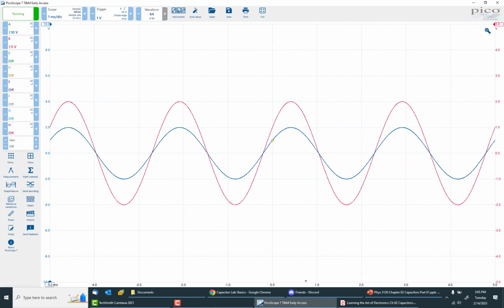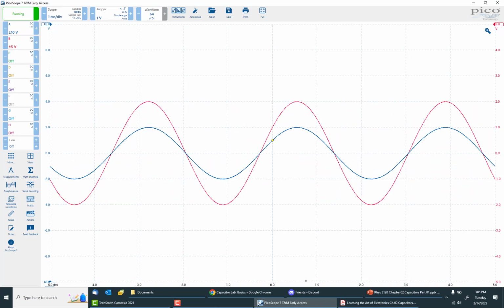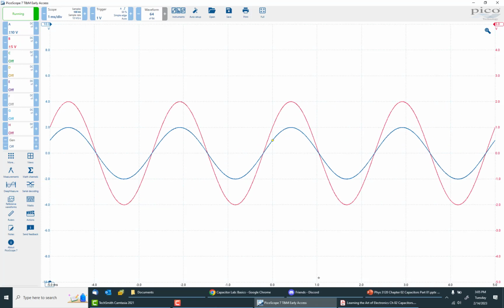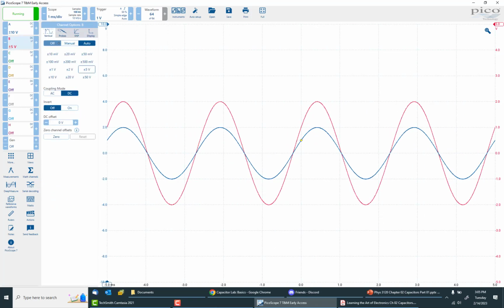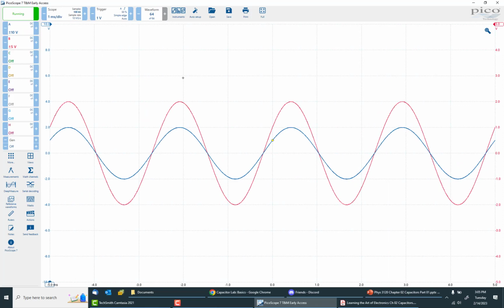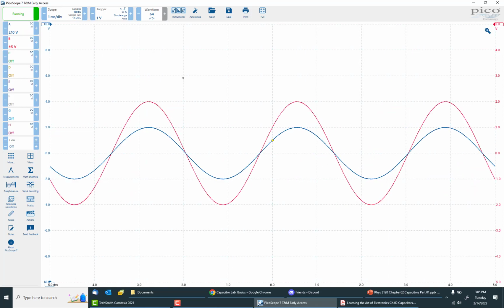So the resistance of the capacitor goes up, and one thing I have to do is fix this, because I don't want it to change. I want it to stay a fixed voltage, peak to peak. It's just like turning the voltage knob.